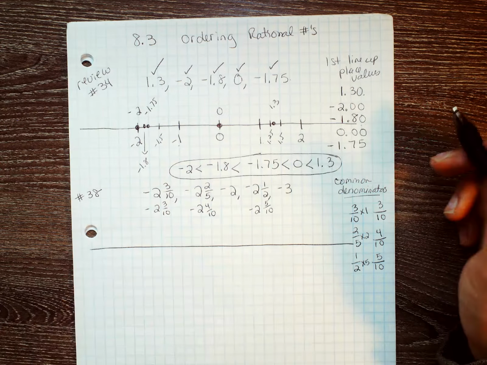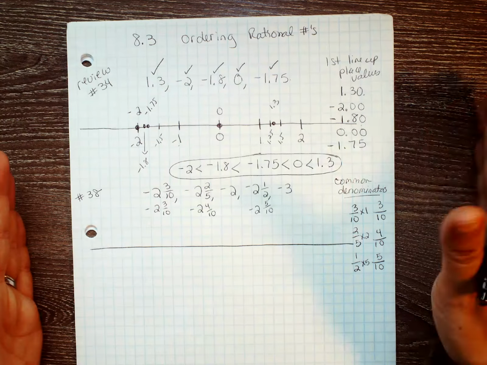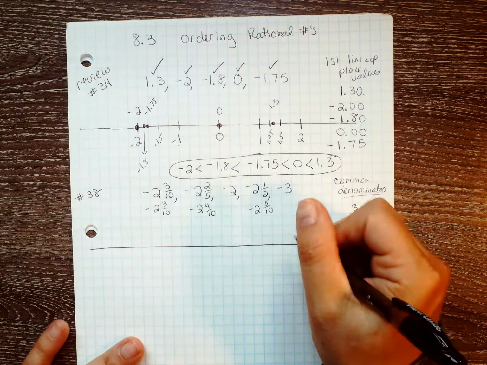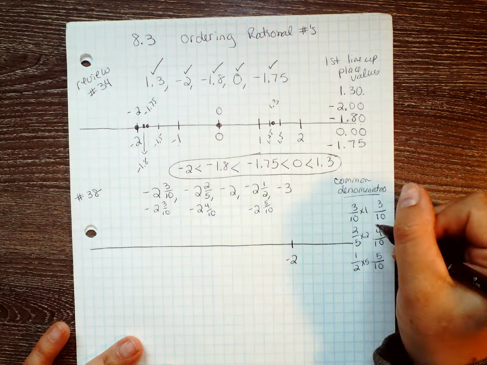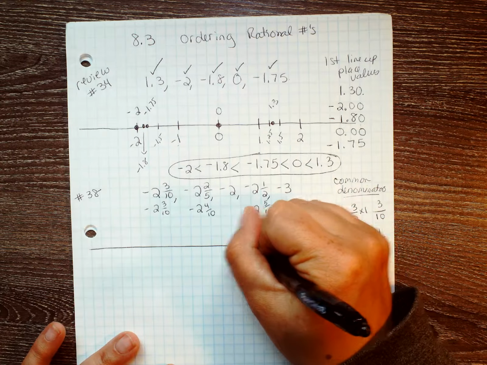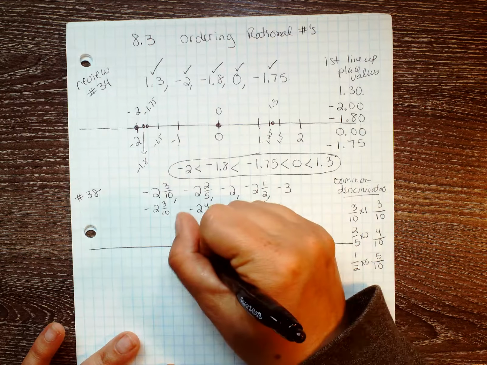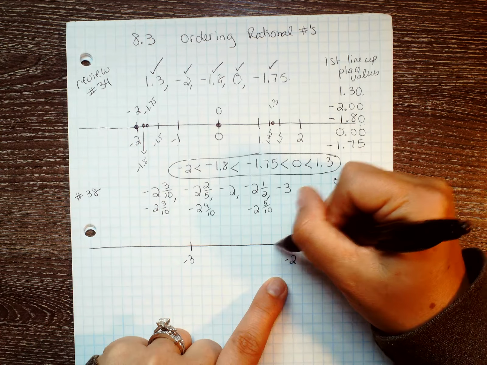Okay, because it's all in between the -2 and the -3, there's no positives, so I'm going to just go to -2. And I am going to go in tenths because they're all in tenths. 1, 2, 3, 4, 5, 6, 7, 8, 9. And this is -3. So let's just make sure: -1, 2, 3, 4.